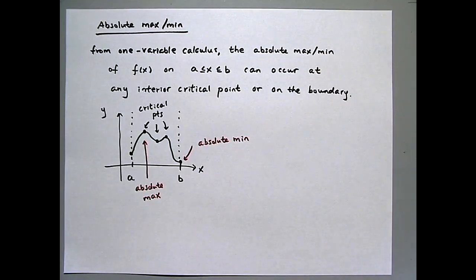Do you remember how to do this with a one variable function? Shall we do a quick example? Because we're going to need that concept, like I said, for the two variable case.